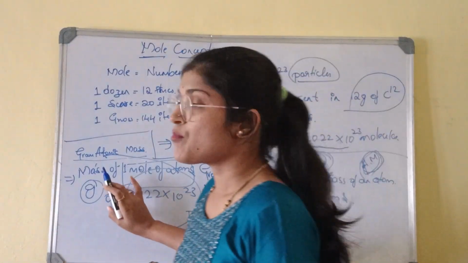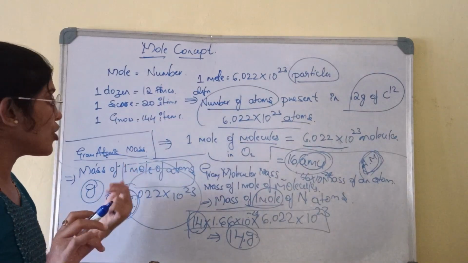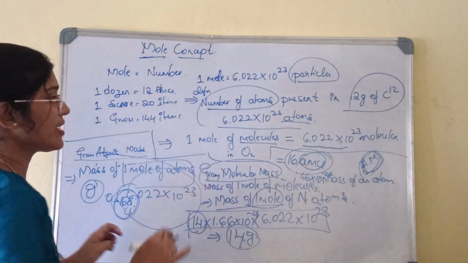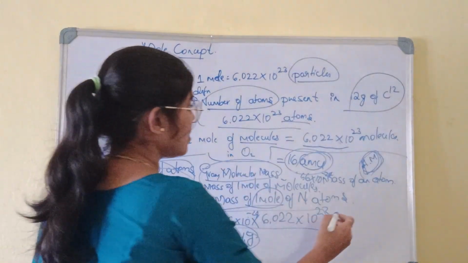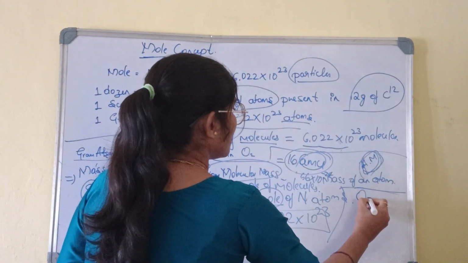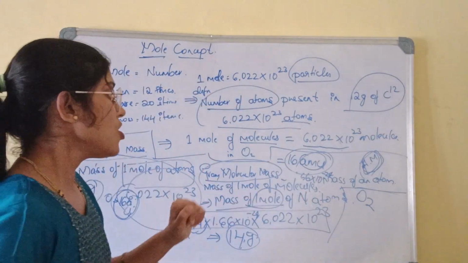Like gram atomic mass, gram molecular mass can also be found. For example, we take the molecule O2. Oxygen is a molecule.